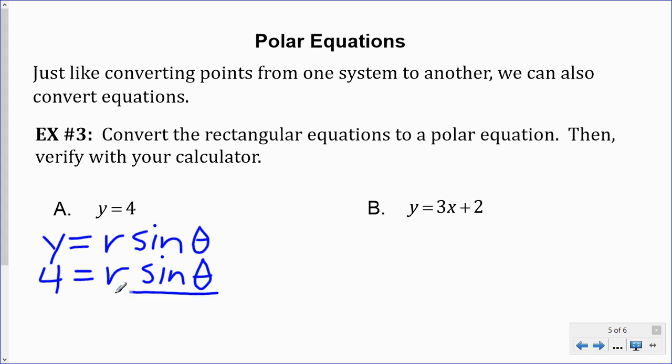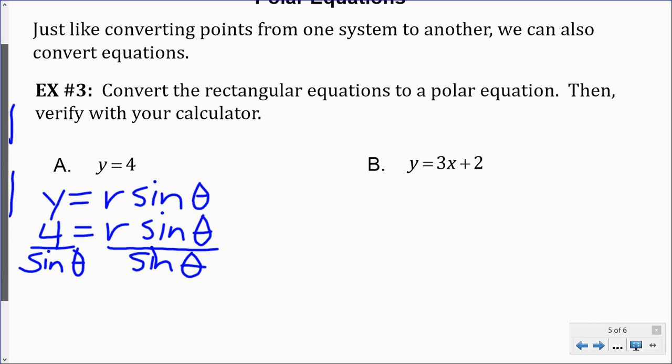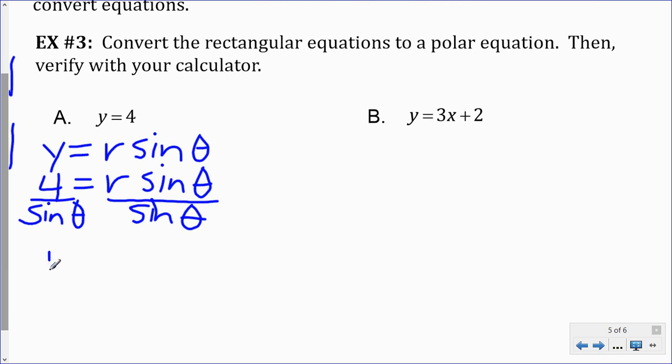Okay, so if I were to solve this for r, I would just divide by sine theta, and we would get r equals 4 divided by sine theta.